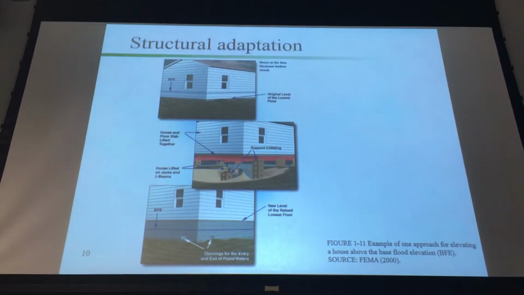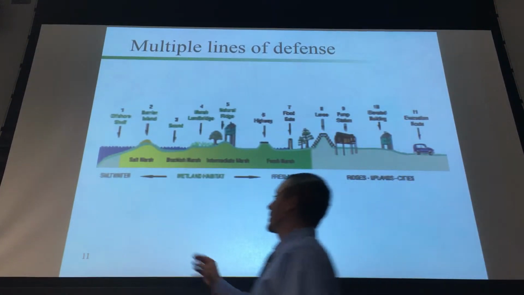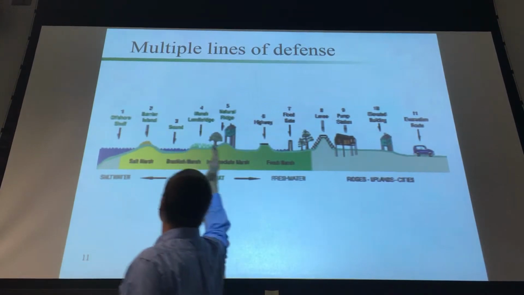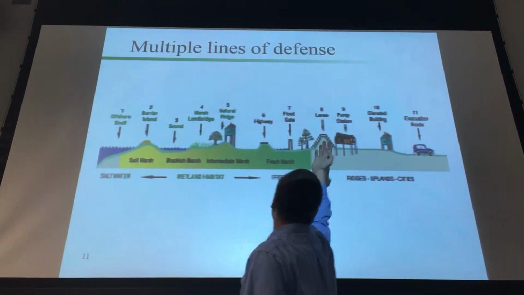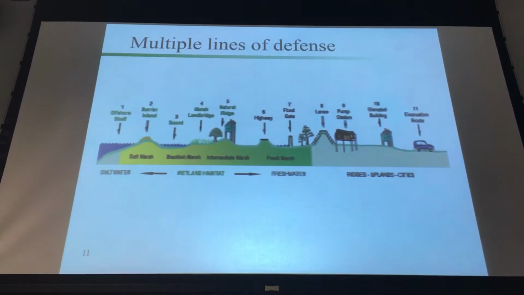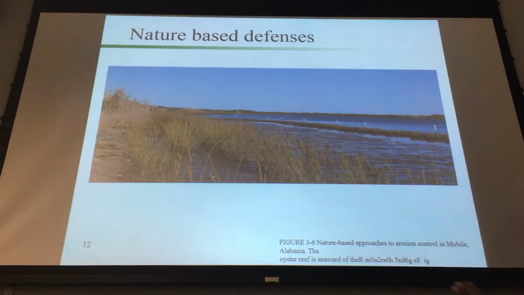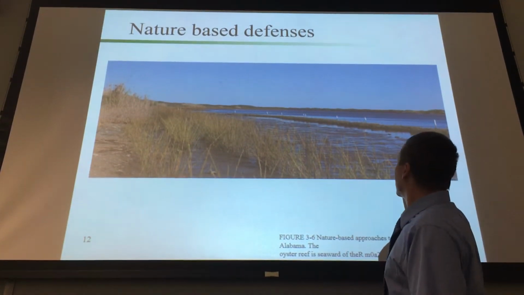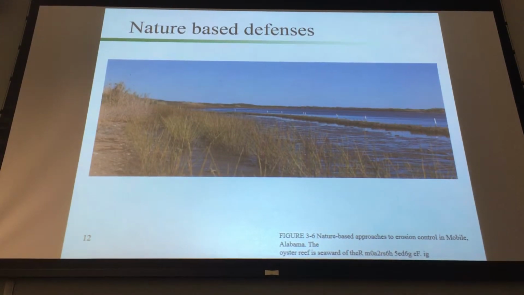Or you can move the houses themselves, or we can do a smarter way where we're adding multiple lines of defense from barrier islands to marshes to levees to elevated houses, you name it. So you're being a little more strategic. And lastly, nature-based defense is where we're using marshes, artificial coastlines, and things like that to attenuate storm surge.